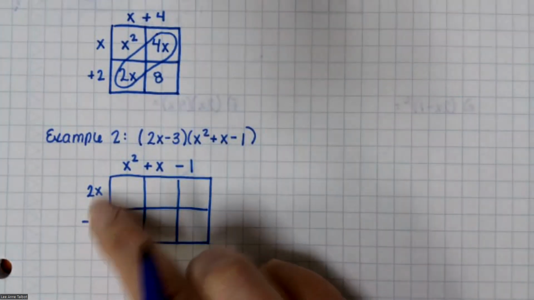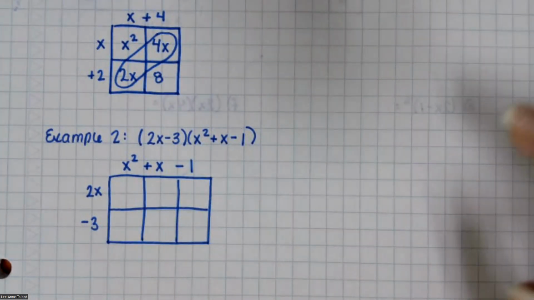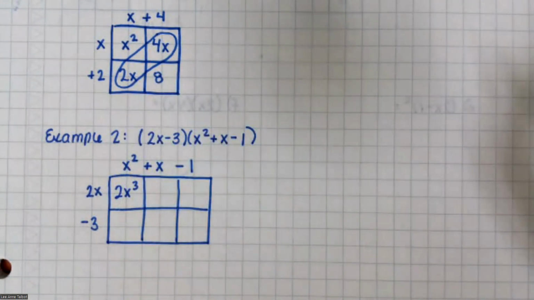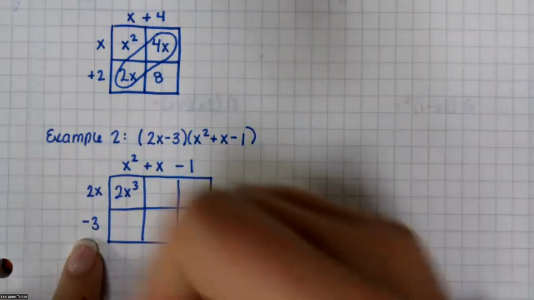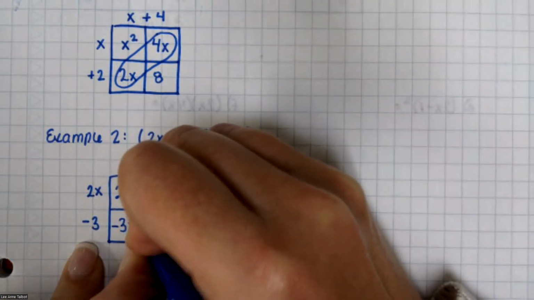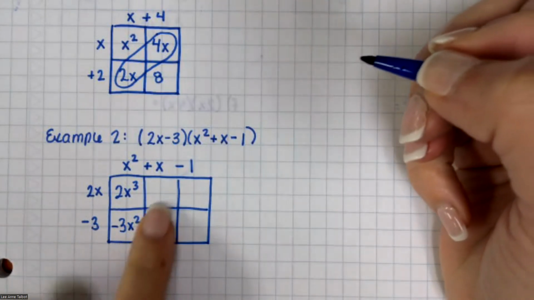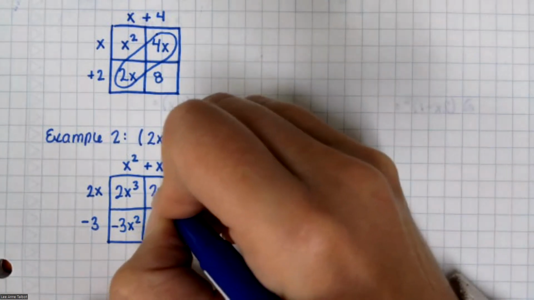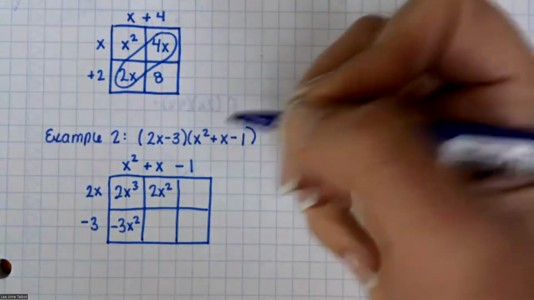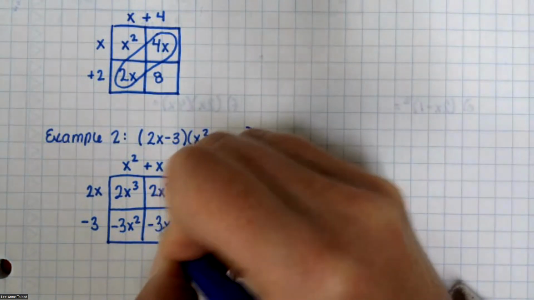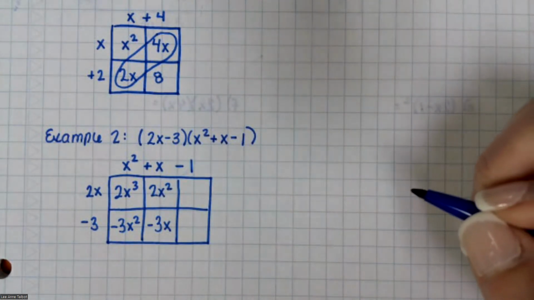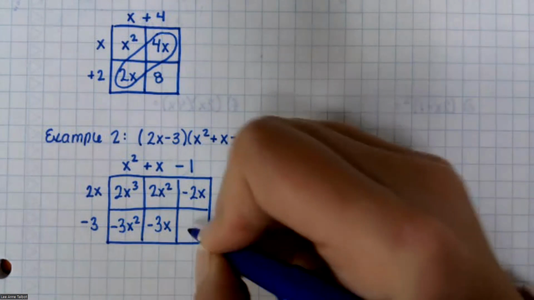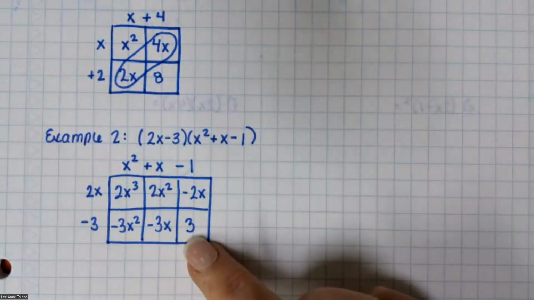What is 2x times x squared? Yes, 2x cubed. Negative 3x squared. What's 2x times x? 2x squared. Negative 3x. Negative 2x. Be very careful. This is positive 3.